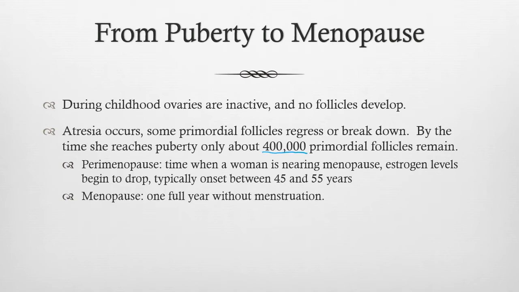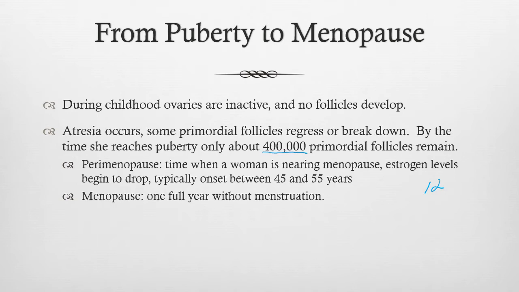So if a woman has a typical 28-day cycle, every 28 days there's going to be an ovulation. At day 14 of the cycle itself, ovulation occurs, and again and again. If you do the math with 12 cycles a year, just for ease of math, say the woman started puberty and began to ovulate around the age of 15, and goes all the way up until the age of 50, an average period of time.